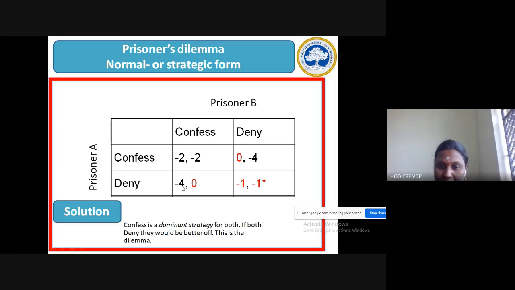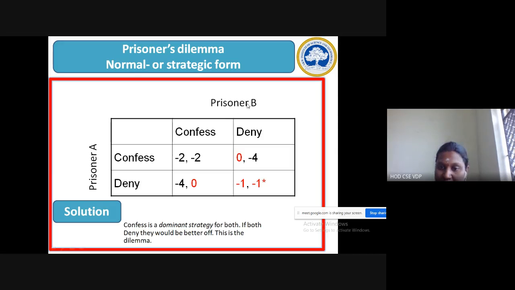Now compare for prisoner A, all these first values are for prisoner A. Compare -4 and -1. Which value is higher? -1 is higher. The first values here, -2, 0, -4 and -1, correspond to prisoner A. The other values, for prisoner B, are -2, -4, 0 and -1. So this is done, and I have taken 0 and -1.